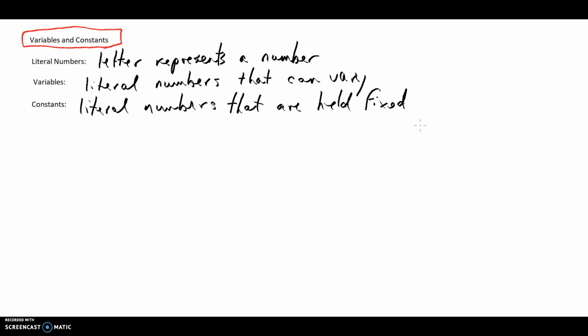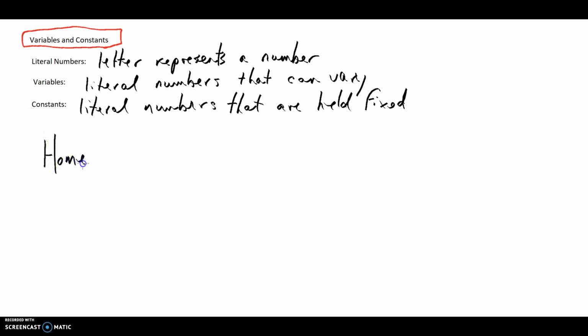Okay, so we're going to see that sometimes we have a letter in a formula that can be a variable, so that input of that letter with a number can change or can vary, or it's a constant, it's a fixed value.